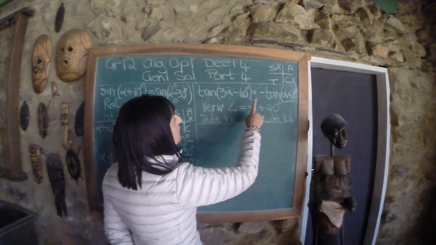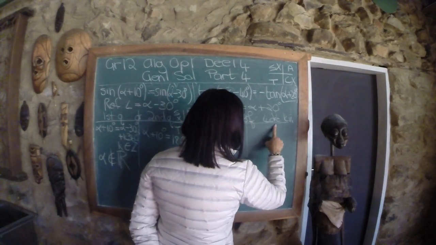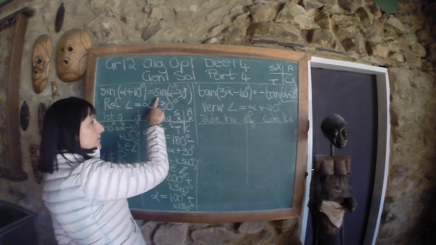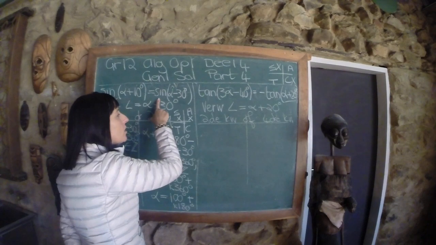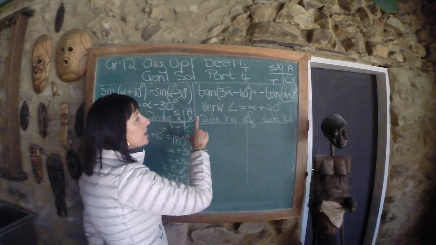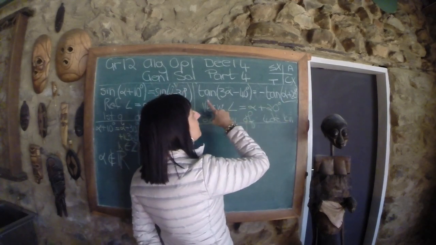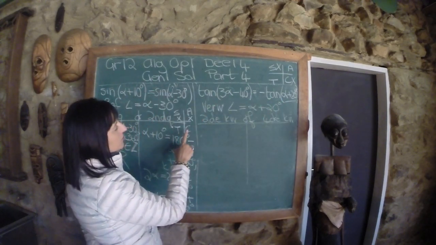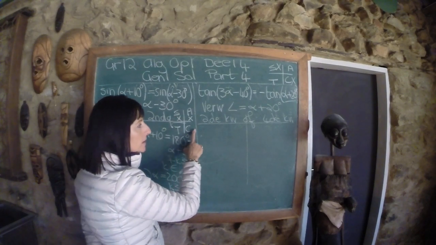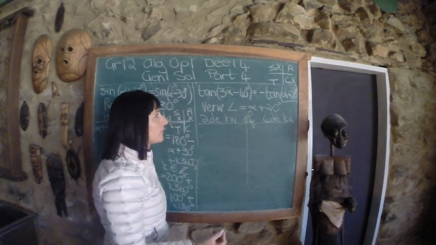Die negatief bepaal die kwadrante. In this previous case, there was a positive in front of the sinus, and that's why we checked for the positive sinus quadrants. In hierdie geval soek ons die negatiewe tan kwadrante, en die negatiewe tan kwadrante is die tweede en die vierde kwadrant. So ons doen presies dieselfde.